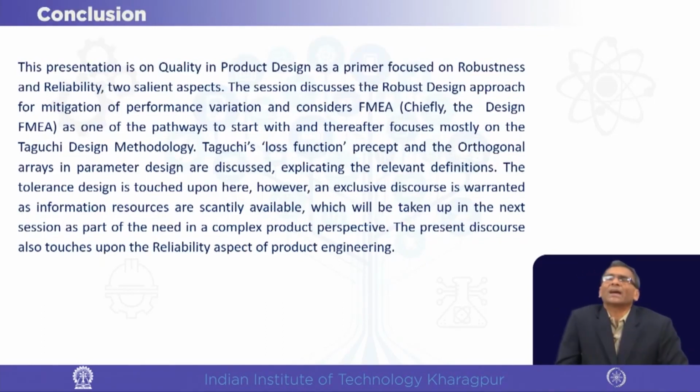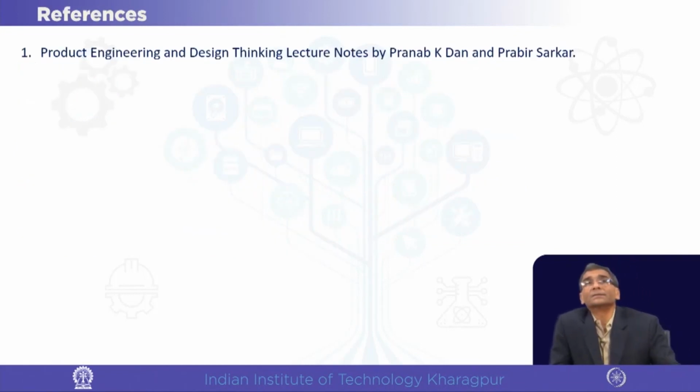Here we have discussed the various aspects of robust design and reliability involving FMEA and Taguchi's loss function, how it works, and presents the discourse in product engineering. This is the reference, and I am sure you would love to do certain calculations as shown here, and go to the parameter design, which is rather easily available and simple.